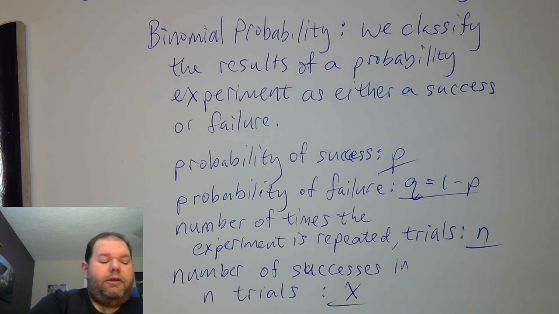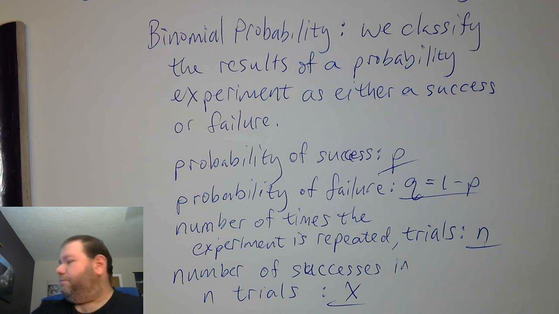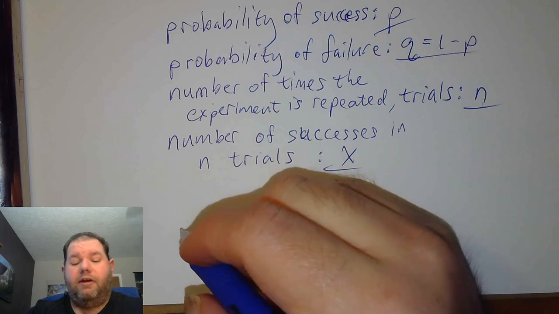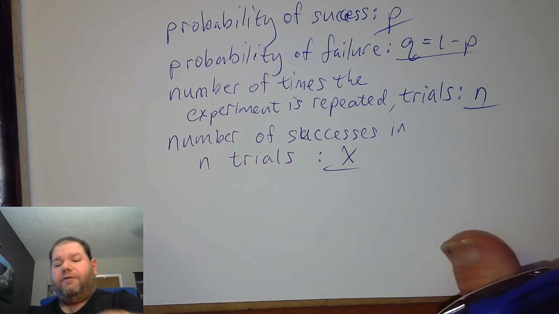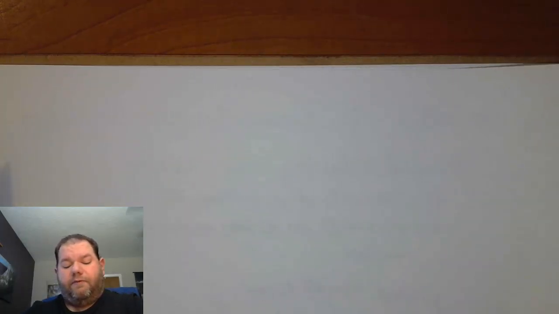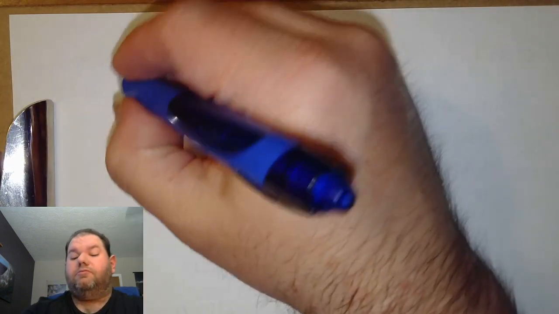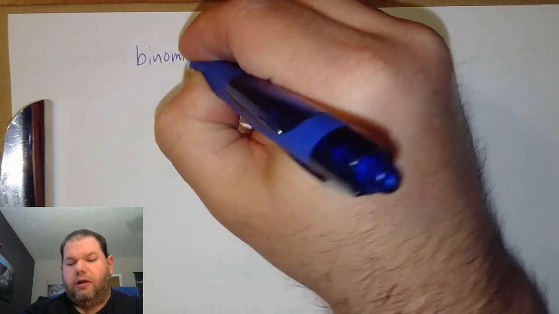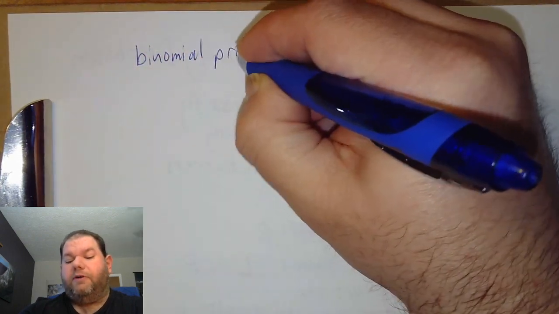All right, so we have a formula, and let me say right off, we're not going to use this formula. Actually, I'm going to need to start on the next page, because the explanation of the formula is also sort of involved. So we have our binomial probability formula.